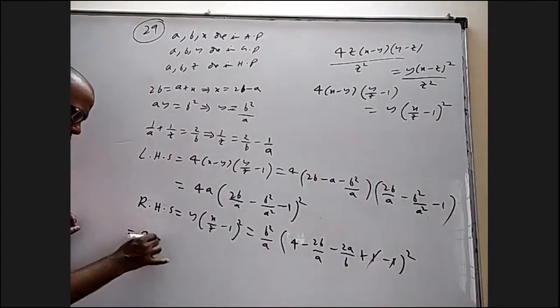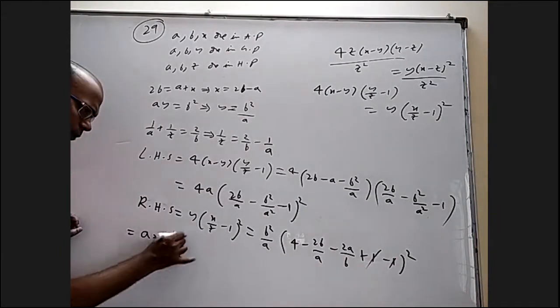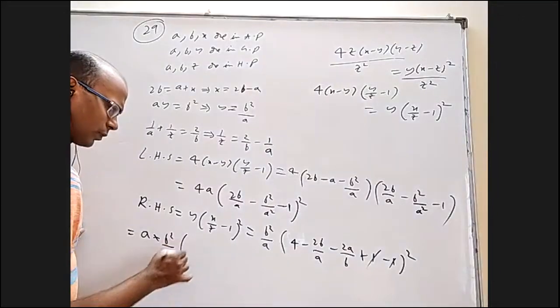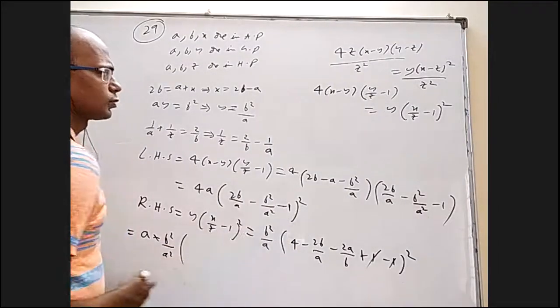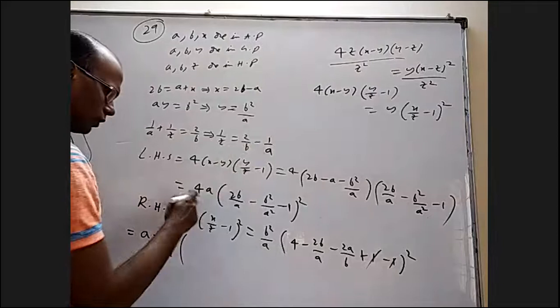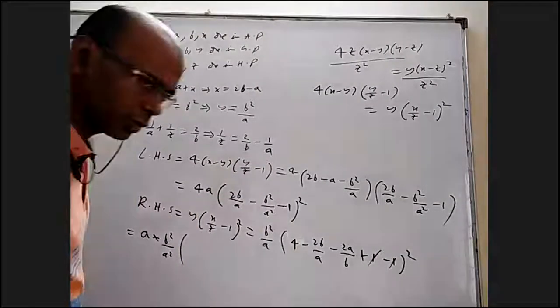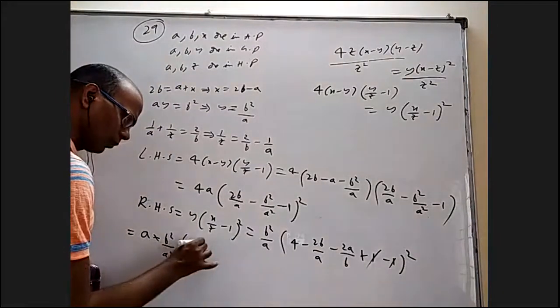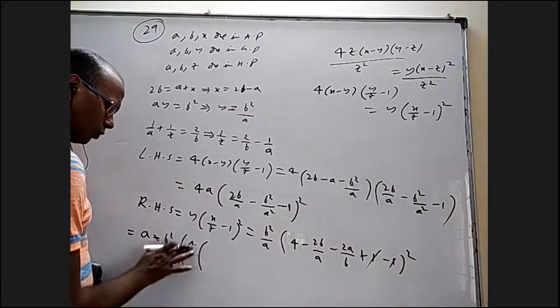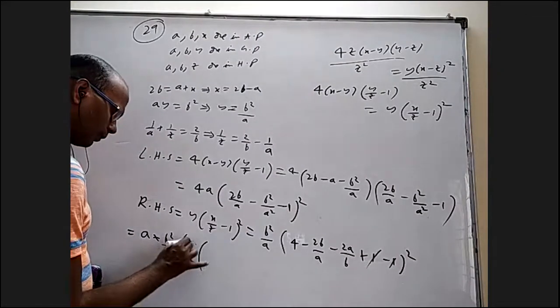I can write a into b square by a square. This part, you can take some 2 common. There is a 4 here, so I have 4. Okay, so I can take 4 also common. Not 4 only, yeah, 2 square common.